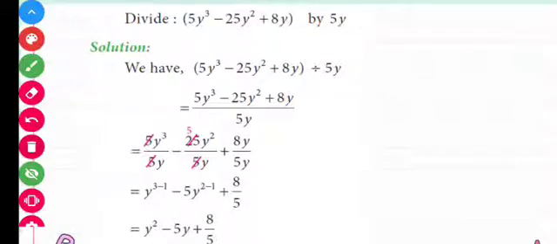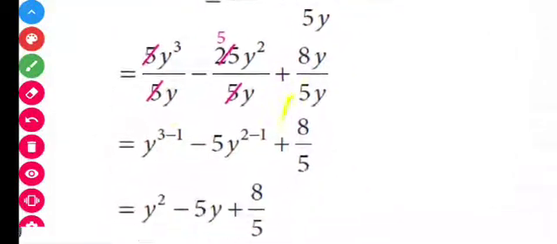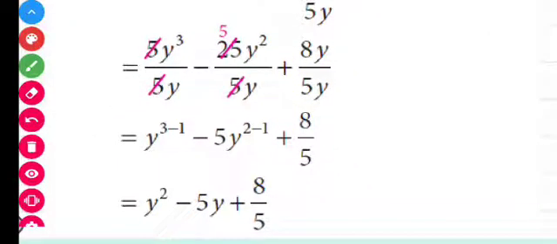As usual we'll write 5y cube minus 25y square plus 8y on top and 5y at the bottom. The next step is splitting up the 5y into 3 terms.